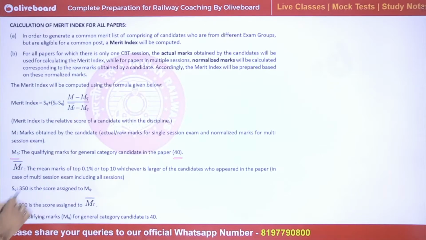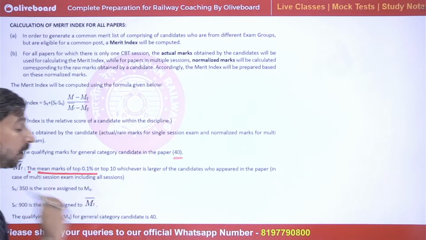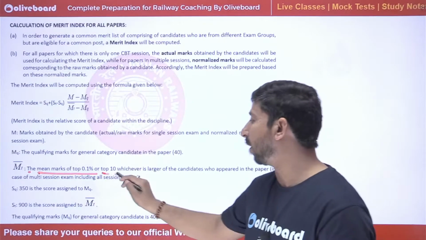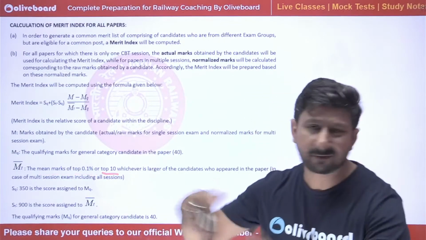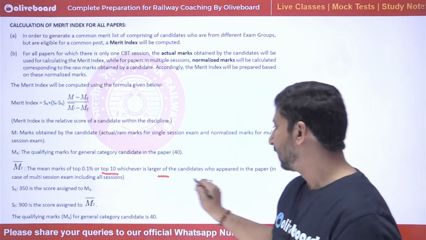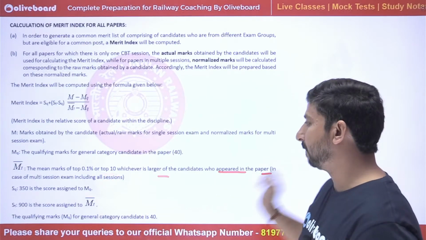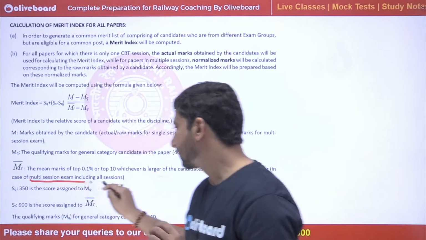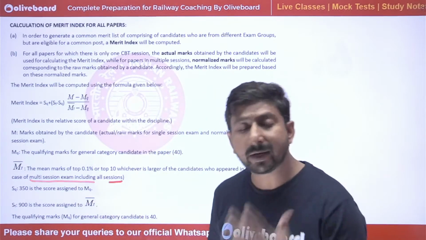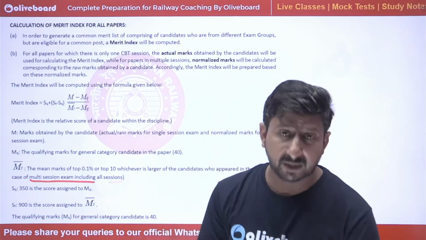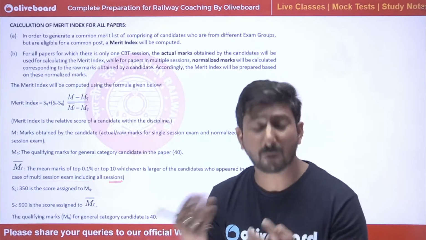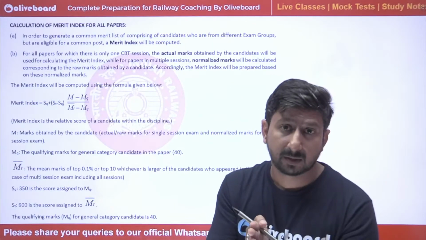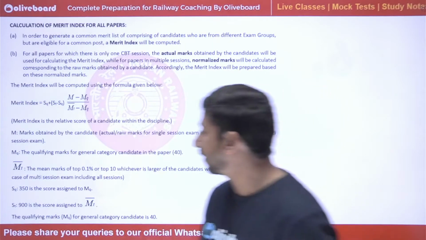Then MT bar. MT bar is the mean marks of the top 0.1% or top 10 students, whichever is larger, of the candidates who appeared in the paper. That means if there is a multi-session exam, and in that exam there is a number of students, then 0.1% of that number represents the MT bar.